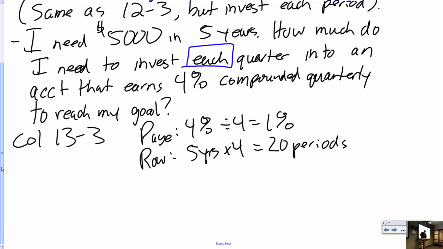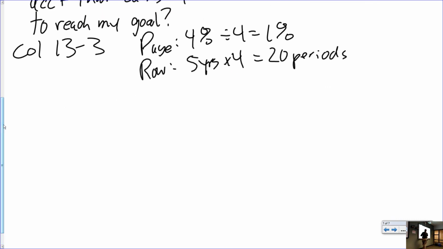What's my table value? So last column. 0.0454. 0454 sounds about right.